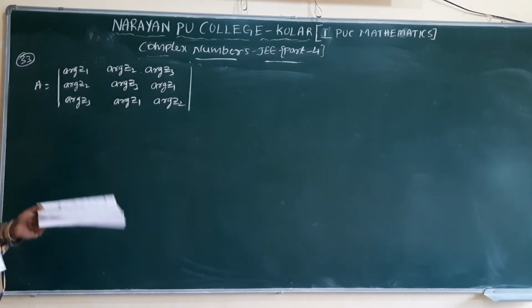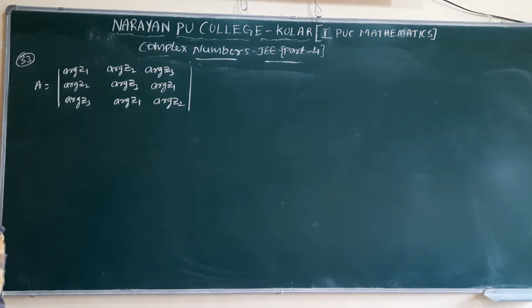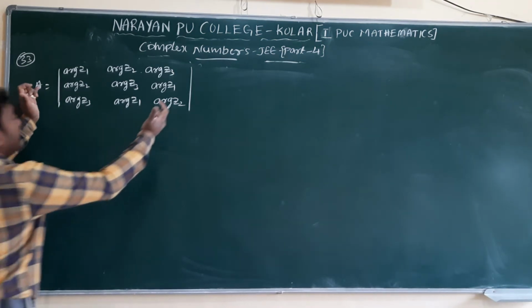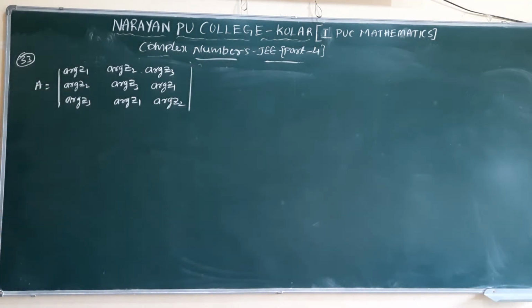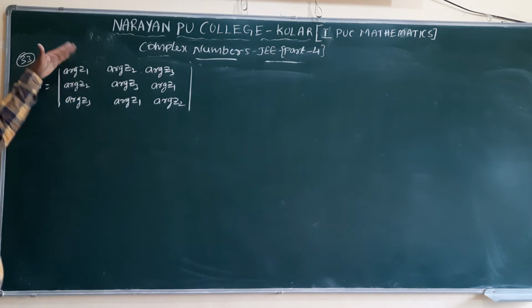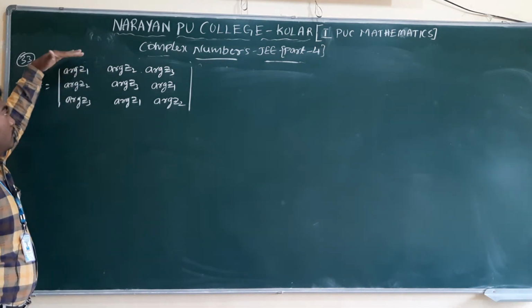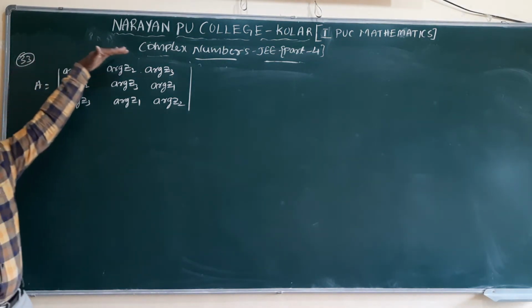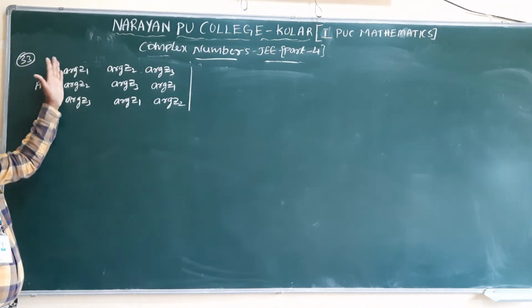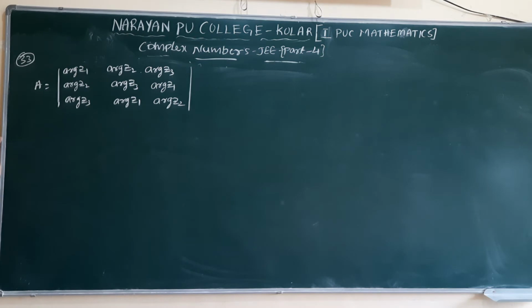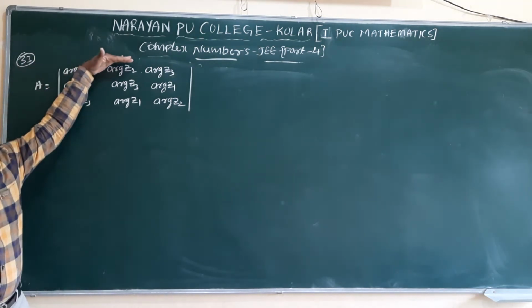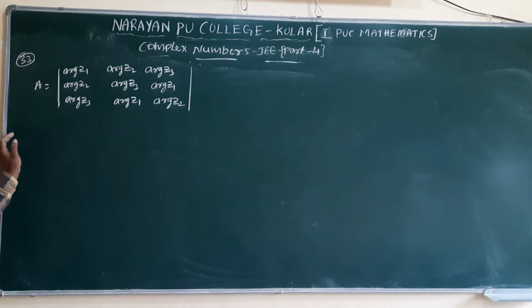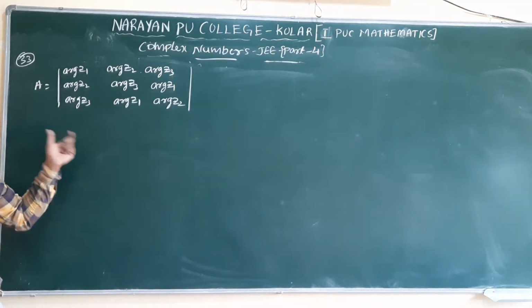Then A is divisible by what? The bars indicate a determinant. Horizontal lines indicate rows and vertical lines indicate columns. We will discuss this in second year in the chapter on determinants.